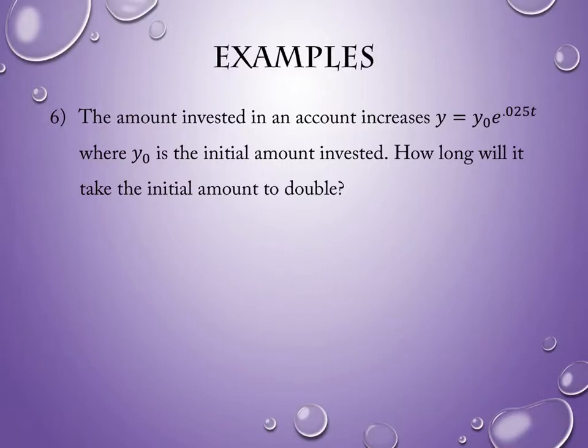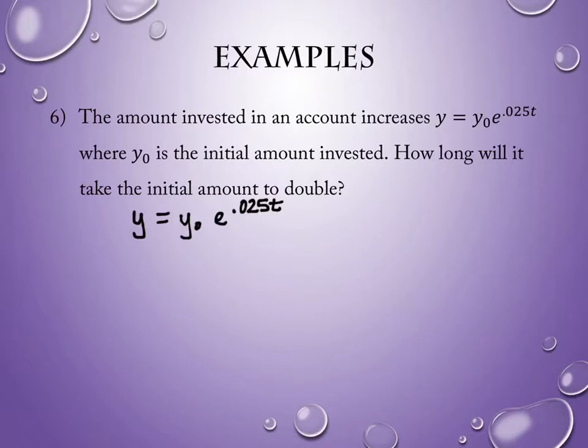It does tell you y0 is the initial amount invested, much like the p in the principle that we were looking at. And it wants to know how long will it take the initial amount to double. So there's actually nothing here about money, right? I mean, we've got a formula, and we want to know how long it takes for whatever is happening to double. So here's where we're starting with, y equals y0, e to the 0.025t.